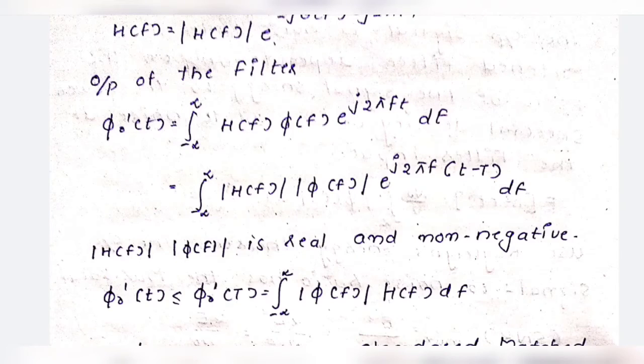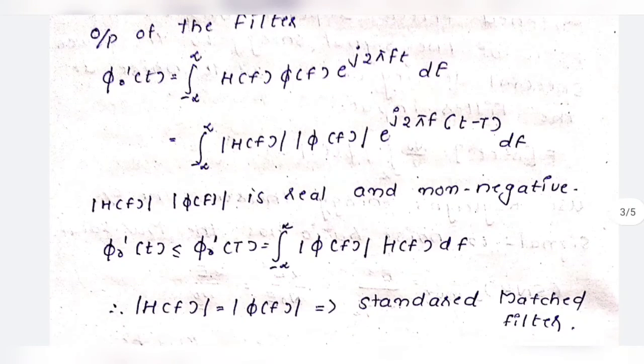phi naught of t is equal to integral minus infinity to infinity h of f phi of f e raised to j 2 pi f t df, which is equal to integral minus infinity to infinity h of f modulus phi of f e raised to j 2 pi f (t minus capital T) df.